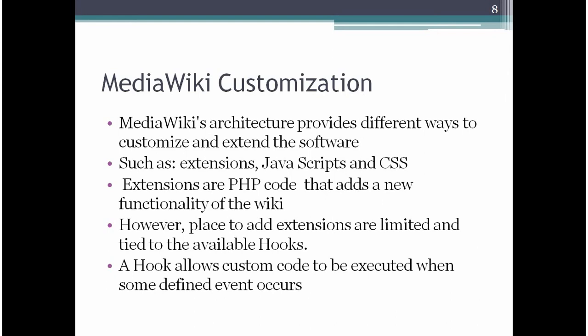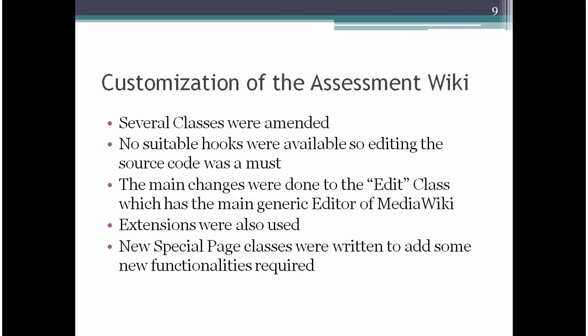So in my case, when I had to customize the MediaWiki engine for my use, I couldn't find any suitable hooks, so I couldn't customize the MediaWiki generic editor using an extension, because I couldn't find hooks that run at the special time where I need the extension to be executed. So I had to change the original source code of the MediaWiki engine.